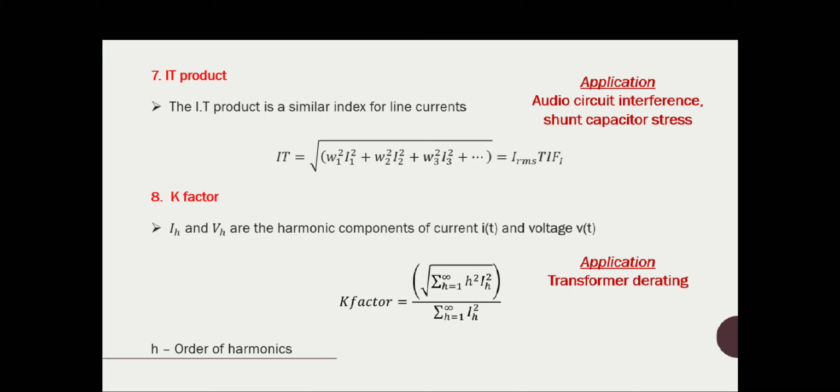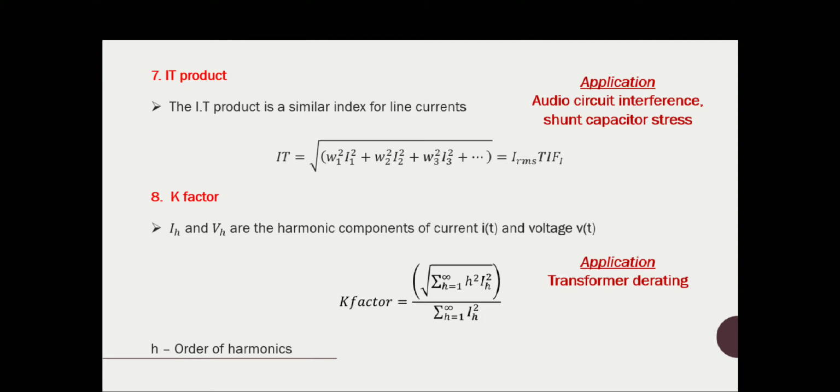So IT product can be written as W1 square I1 square plus W2 square I2 square plus etc. up to the harmonic components present in the system, that is equal to IRMS into TIFI. So that is what is known as IT product. The main advantages of IT product are audio circuit interference, shunt capacitor stress measurement, etc.